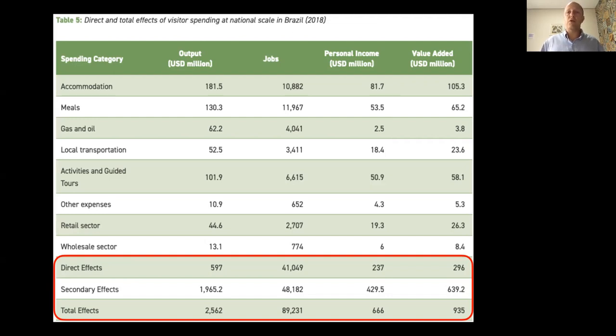These are really important numbers for Brazil, and they start to make a difference for stakeholders to understand the importance of visitation for the Brazilian economy.